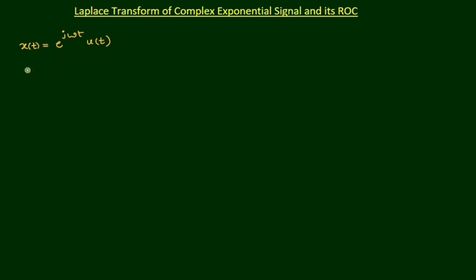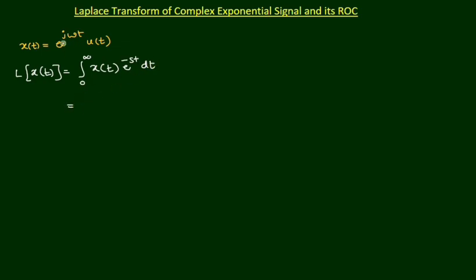Now we'll try to find the Laplace transform of this complex exponential signal e power j omega t. That is, the Laplace transform of x of t equals the integral over 0 to infinity of x of t e power minus st dt.